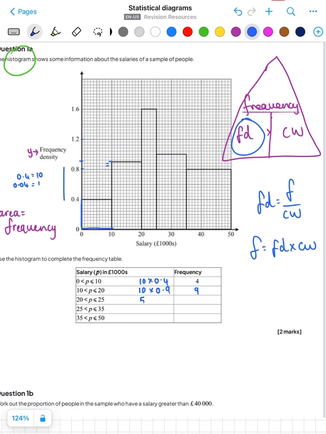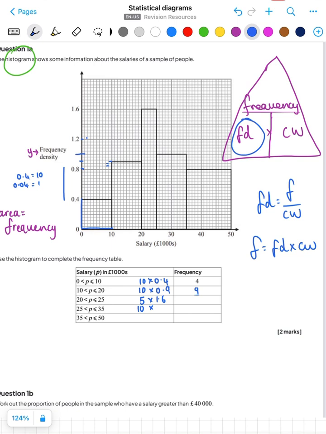The next group is only 5 wide, and that is up at 1.6. 5 times 1.6 is 8. Next, the width of the group is 10 wide, and we're up at 0.8, and then that's a 1.2.